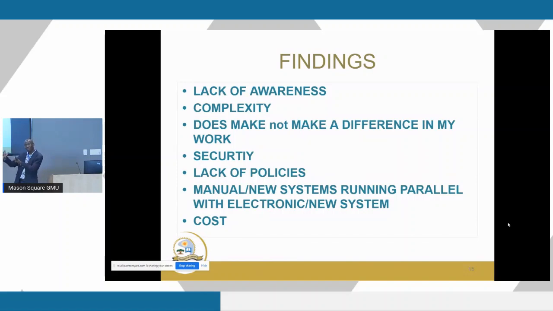Because initially the biggest problem was that you didn't have the infrastructure in the rural areas. The infrastructure was more in the urban areas. So in order for people to use certain technologies, they had to go to the urban areas. So what they've done now is make sure that you move the technology to the rural areas so that it's easier for people, when you have these awareness campaigns, to have access, because sometimes you can have awareness, but if you don't have access, it's not going to help you.